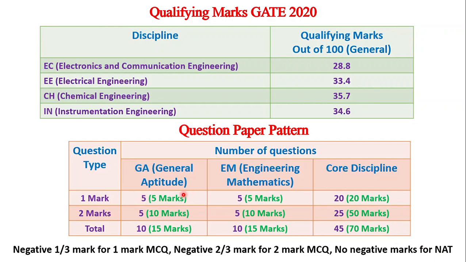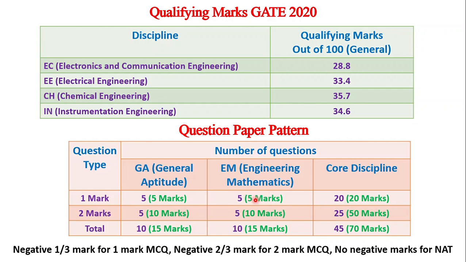In general aptitude, there are 5 questions with 1 mark and 5 questions with 2 marks, that is totally 10 marks. So one can get 15% through general aptitude. General aptitude means some general science and English, very general, which we can easily score.